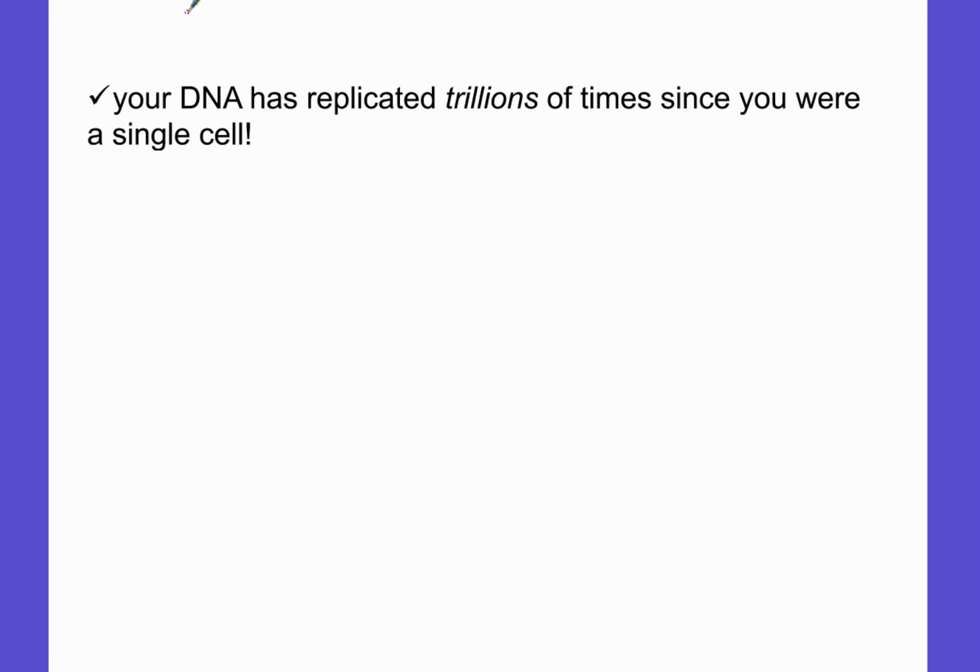The other weird thing I found out the other day, right? Your DNA has already replicated trillions of times since you were a single cell. In your lifetime, you're going to create 1 light year of DNA.